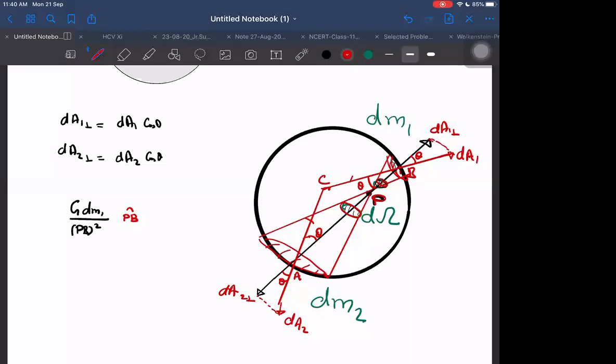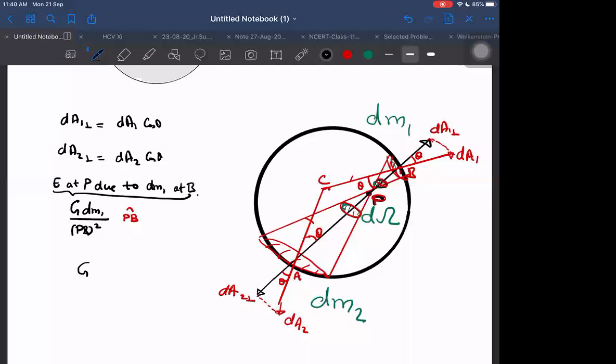This is the field at point P. It is E at P due to dM1, which is at B. This is one field we found.